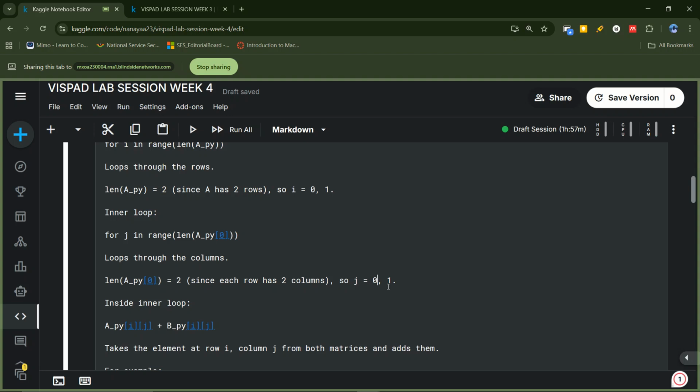We are considering two numbers, that is 0 and 1. So j can be either position 0 or position 1. And when j is 0 or when j is 1, what happens?